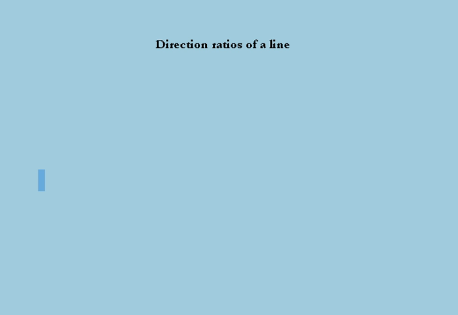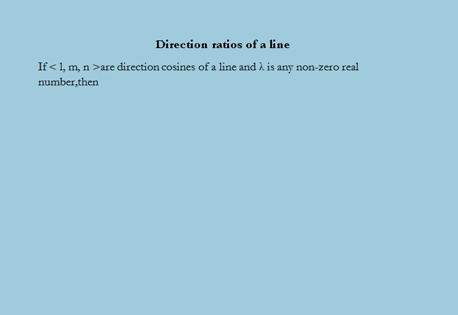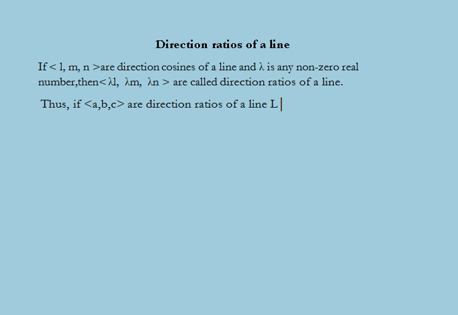Next we are going to discuss the direction ratios of a given line L. Here, if l, m, n are the direction cosines of a line L and lambda is any non-zero real number, then lambda l, lambda m, lambda n are called the direction ratios or direction numbers of the line L. Thus, if a, b, c are direction ratios of a line L, then a is equal to lambda l, b is equal to lambda m, c is equal to lambda n for some non-zero real number lambda.